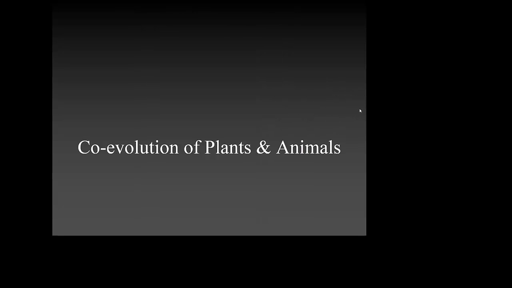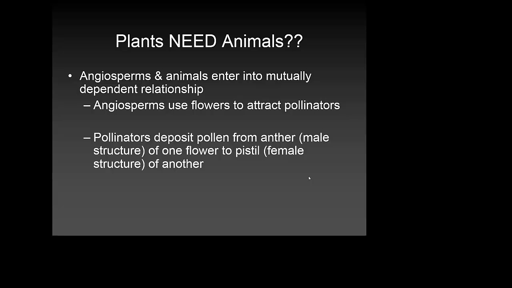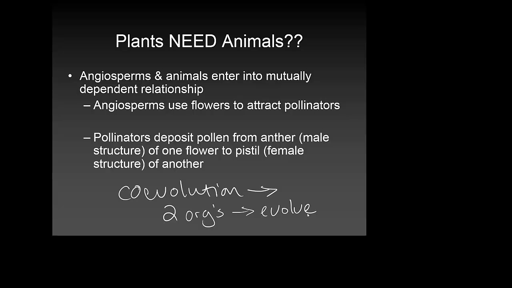Now, we will eventually, as I mentioned, bring in fruits. When we bring in fruits and seeds, of course, we want to focus on the relationship with animals. We will look later at this coevolution idea. So the coevolution meaning that two organisms dependent on one another are actually going to evolve to benefit one another in a mutualistic relationship.